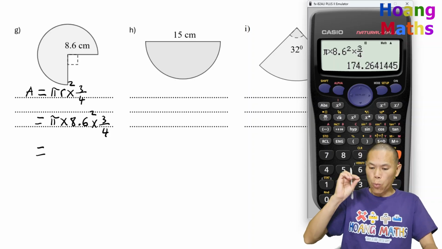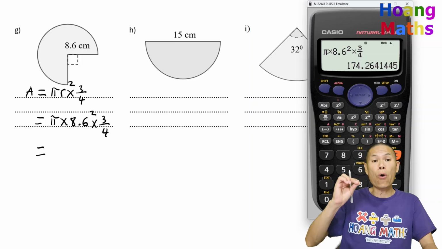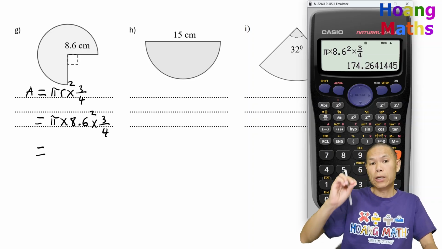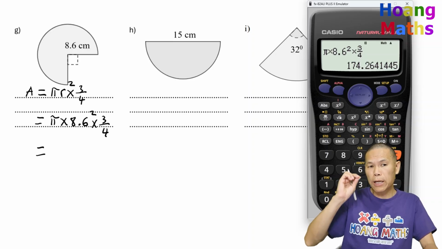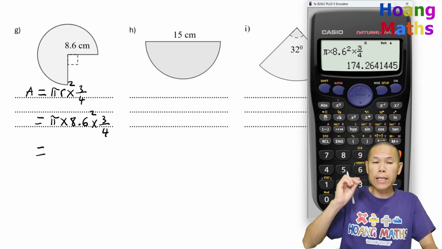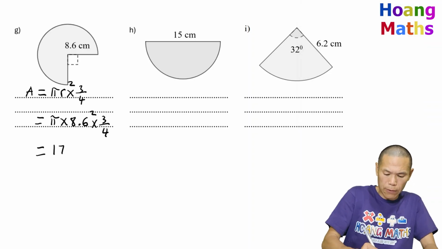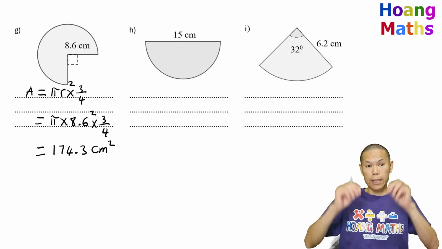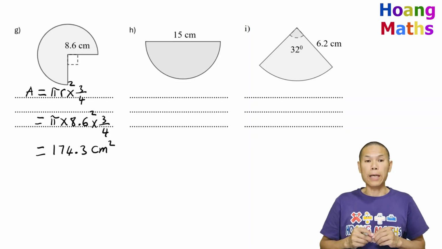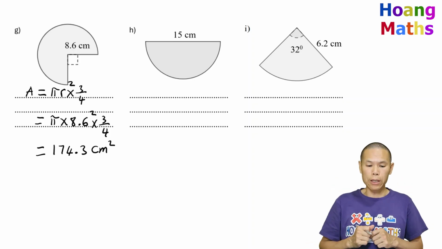So there you go, 174.26. So that means we add 1 to 2, become 3. 174.3 square centimeters. So that is the area of this sector here, 3/4 of a circle.